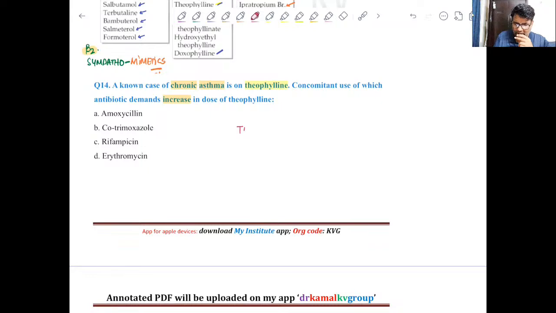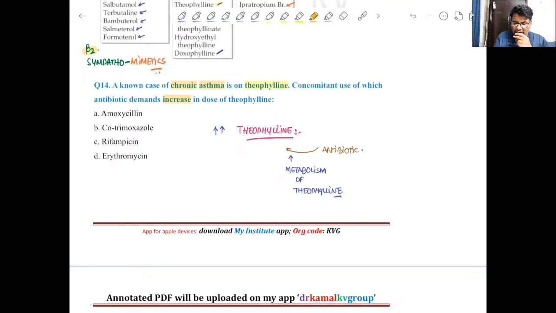So suppose we are giving theophylline, and if we give any other antibiotic, we have to increase the dose of theophylline because this drug is increasing the metabolism of theophylline. Therefore, the effectiveness of theophylline is being reduced.